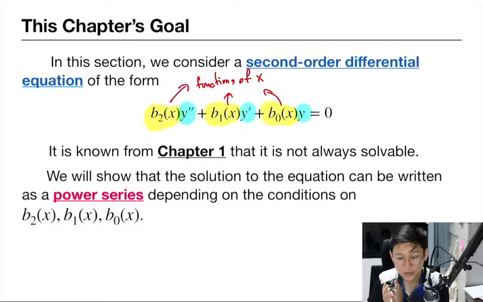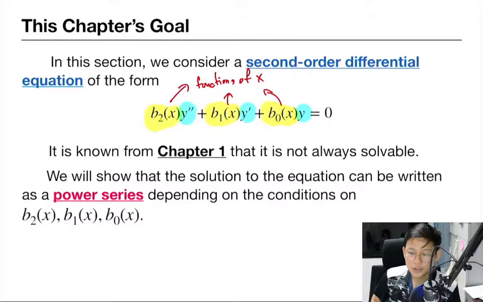I just told you guys that the solutions are dependent on the conditions of B0, B1, and B2, right? And we're gonna have special names for some conditions. For example, ordinary points, singular points, and some other points. So we're going to be looking at the ordinary points versus the singular points in the next video.